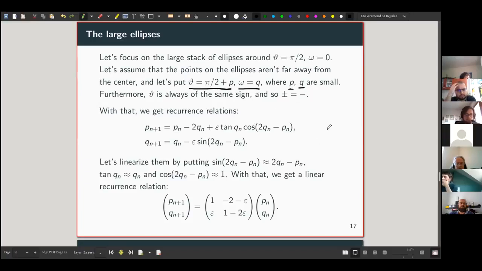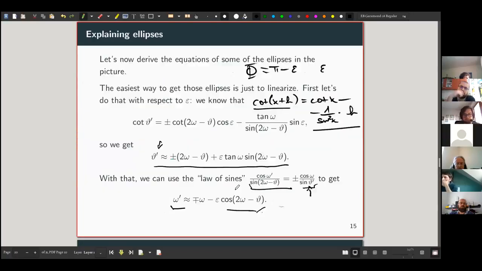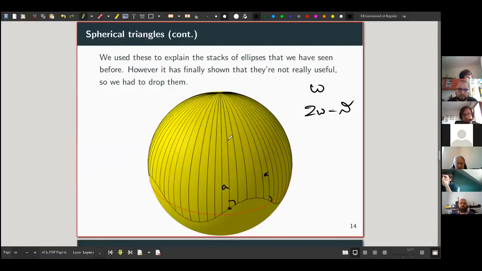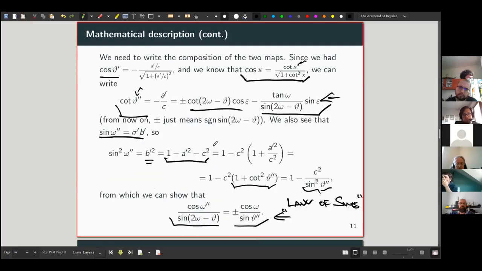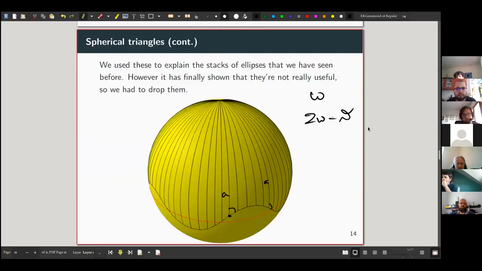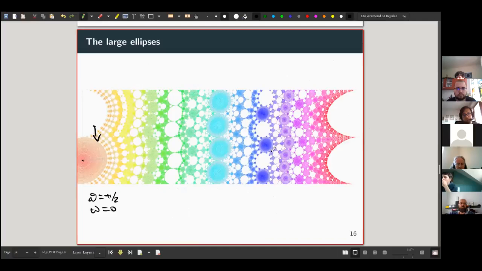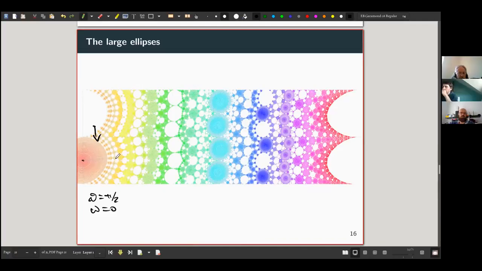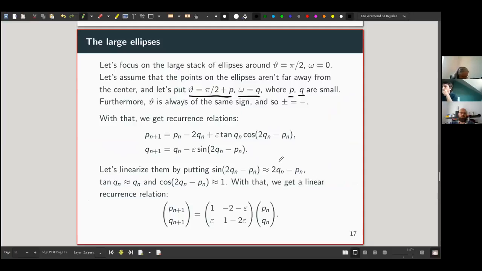And there were a couple of plus or minuses that refer only to the sign of the 2 omega minus theta. And this sign relates to the fact that we jump or not jump over the center line. And here, since the ellipse is on one side of the center line, then we don't jump at all.